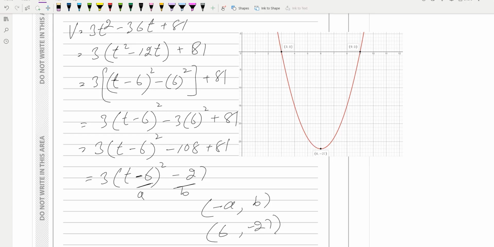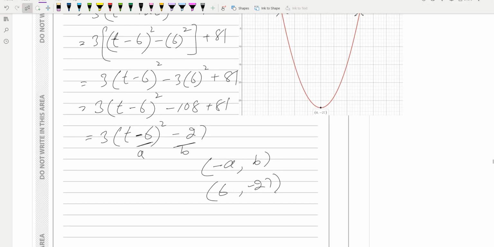These are the x-intercepts, and this is the quadratic graph I have plotted, and this is the minimum point. For velocity we take the mod of this y value, so the mod of minus 27 is equal to 27. This will be our final answer for this question.